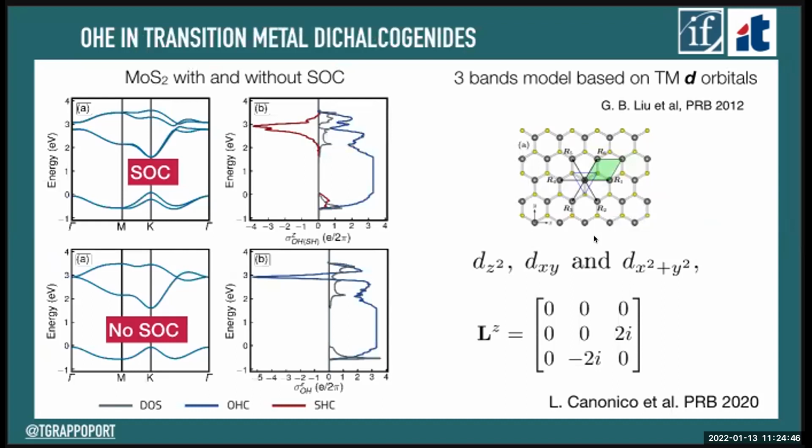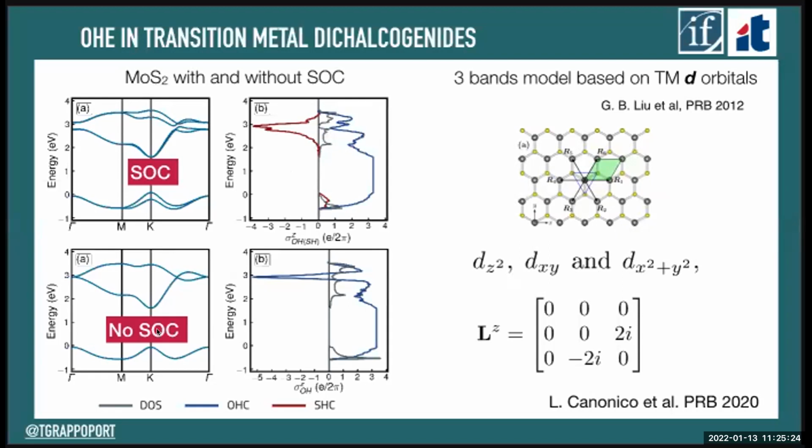Well, back to business, we begin with the simplified three d-orbitals model for the TMDs. And this model is well known and works well near K and K prime. The L_z operator in this basis can be written like this. And here is the band structure of MoS2 with spin orbit coupling and without spin orbit coupling. And here in red, we have the spin Hall effect.